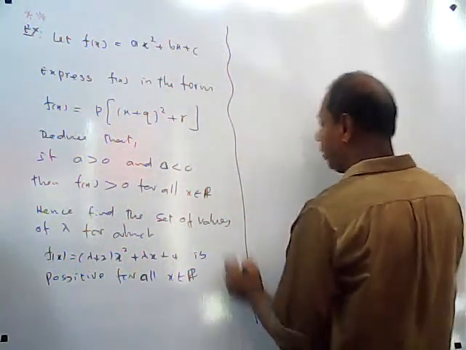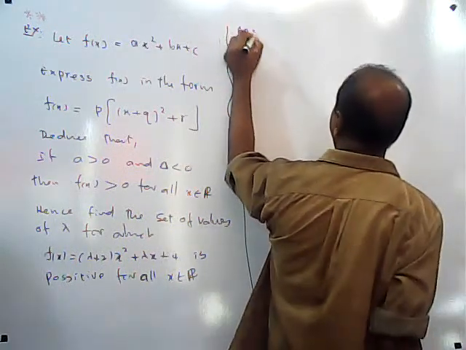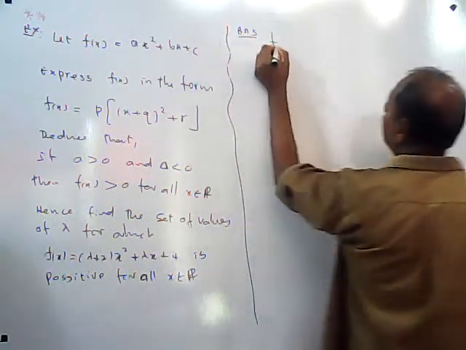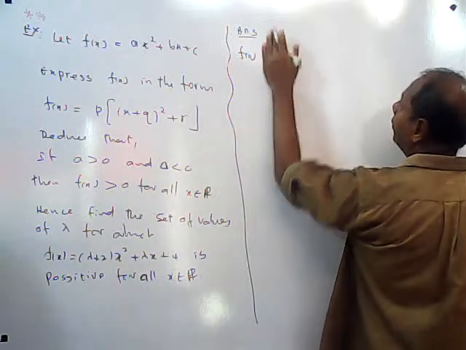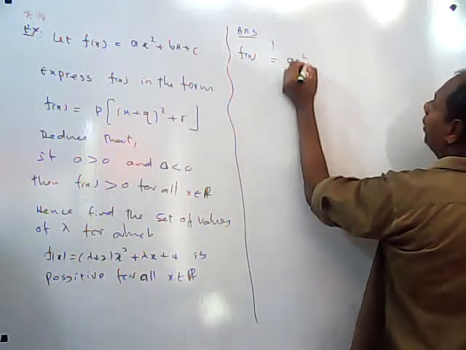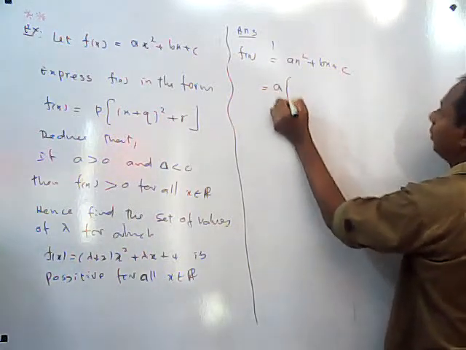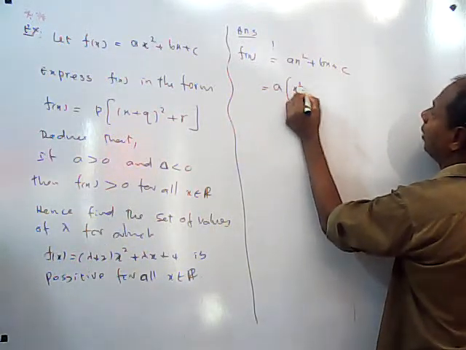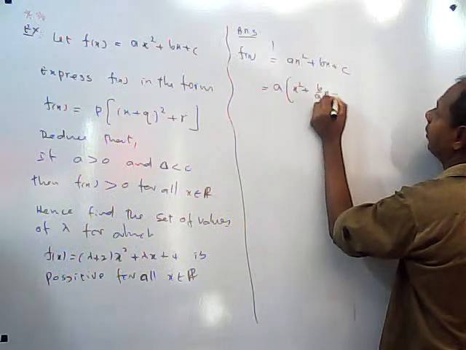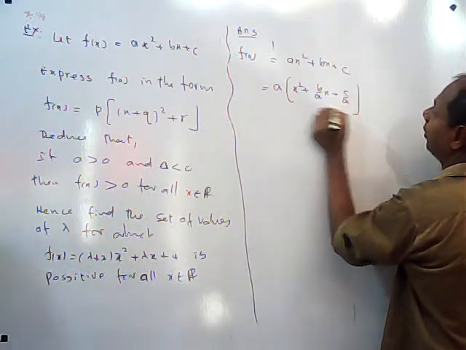So, answer: f(x) equals ax squared plus bx plus c. So you take a out, that'll give you x squared plus b over a x plus c over a.